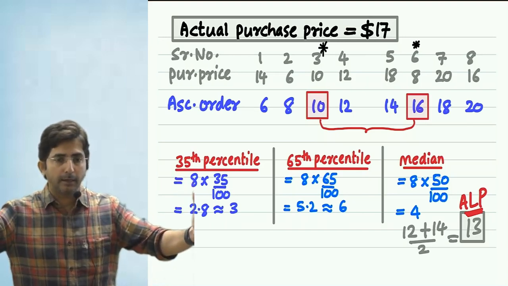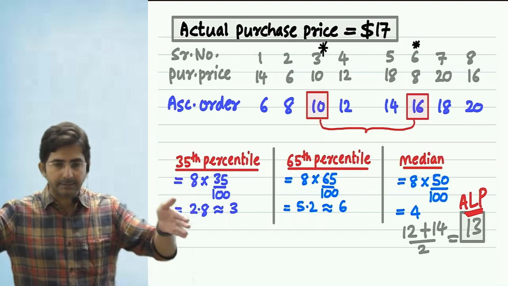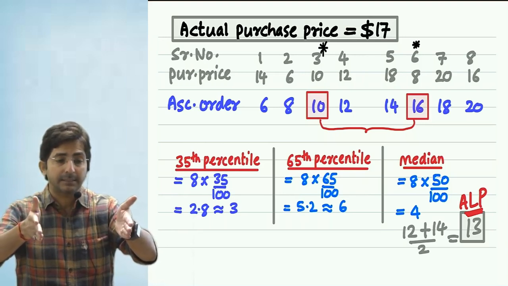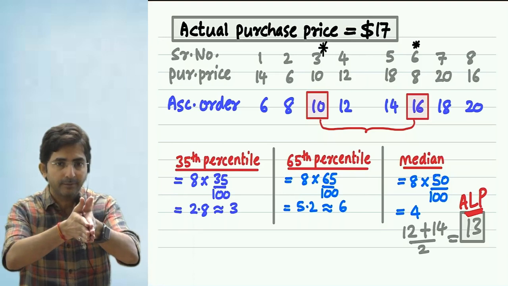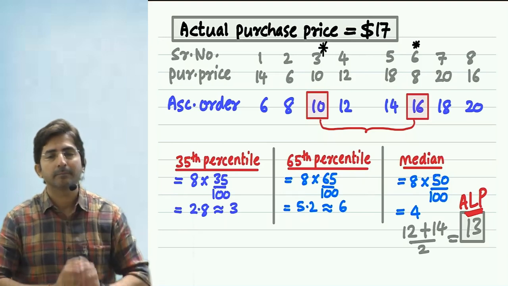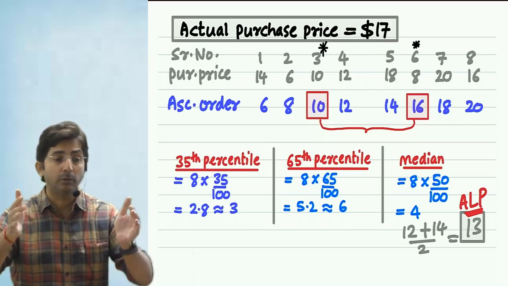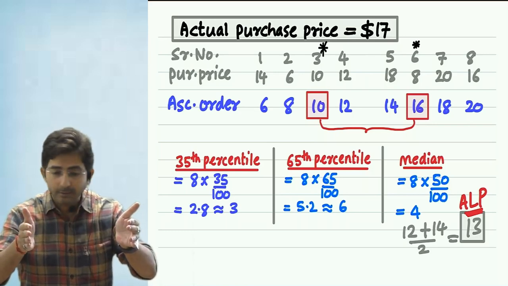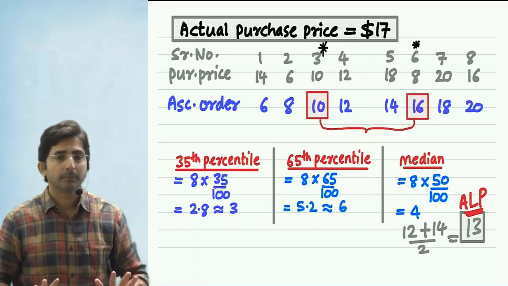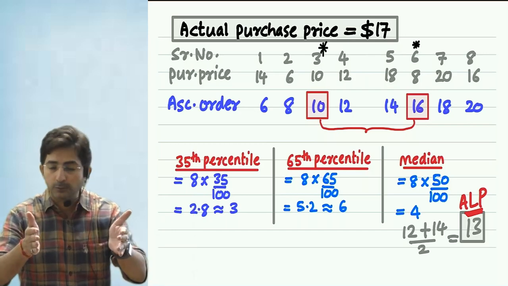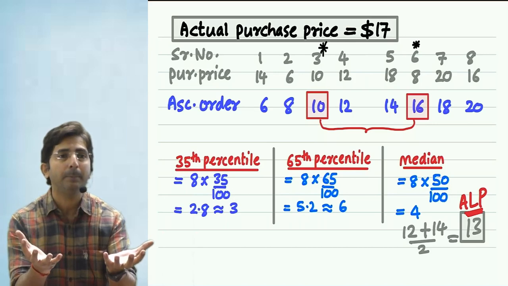Total data, extremes deleted, central data, and in that central data, the centermost point is the median. But you know that median is needed only if your price doesn't fall within the range. So tell me, if my price falls within the range, then I'll be happy.